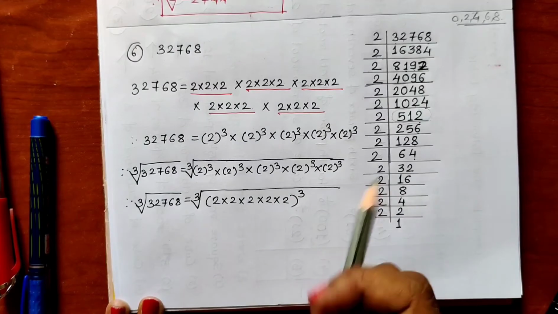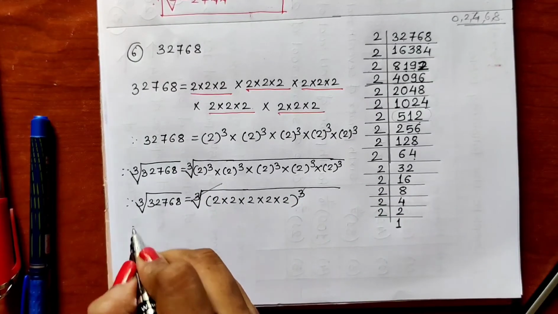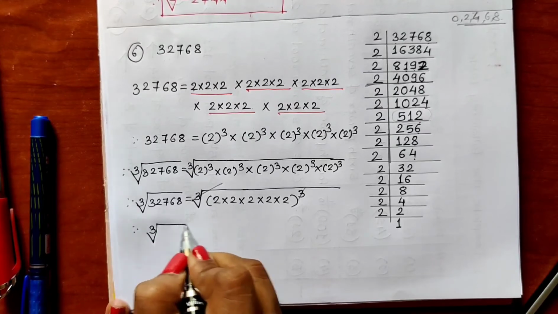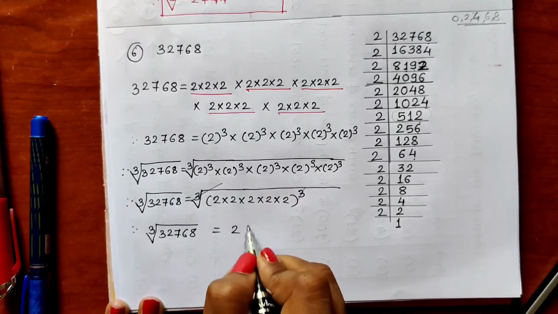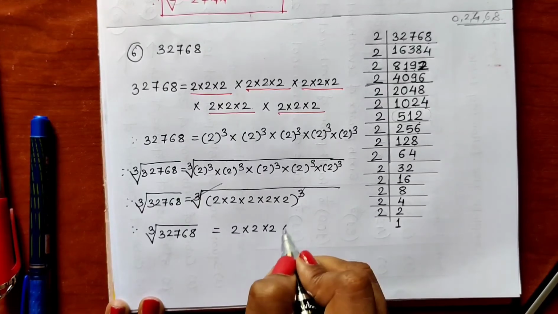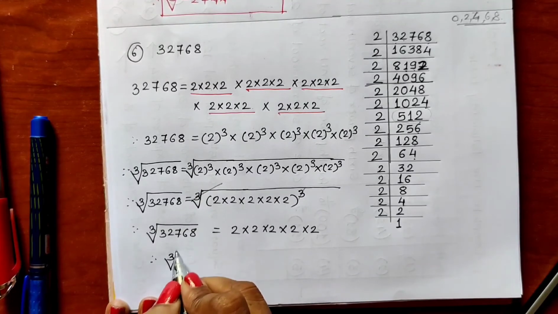Now we all know this cube and cube root cancel each other and we get cube root of 32,768 is equal to 2 into 2 into 2 into 2 into 2.